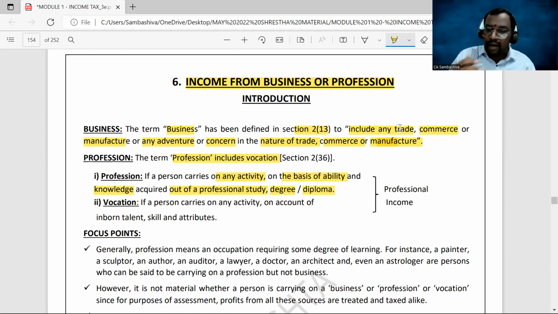Now, a vocational person is one who carries on any activity on account of inborn talent, skill, and attributes. Sir, I'll give you an example of a vocational person.